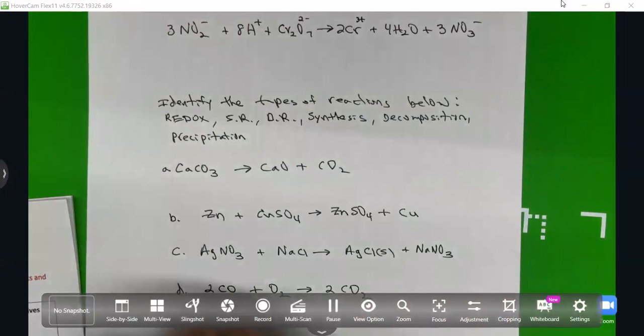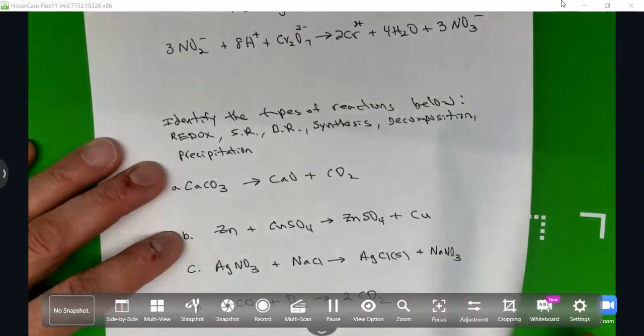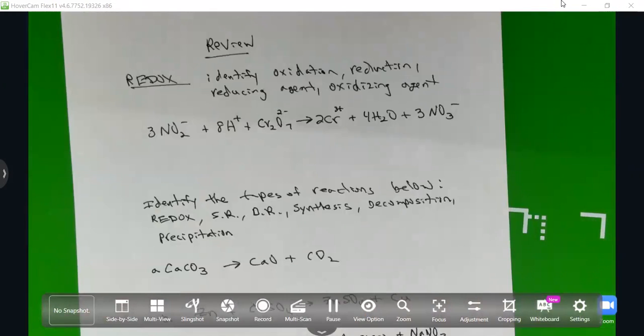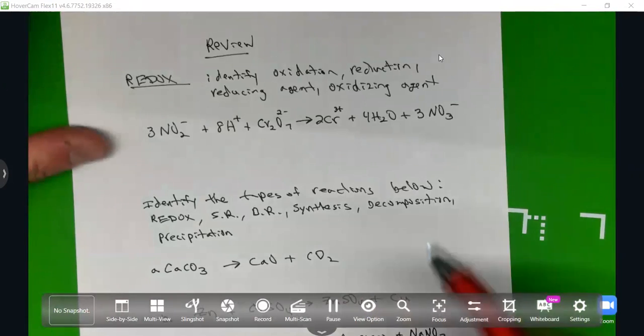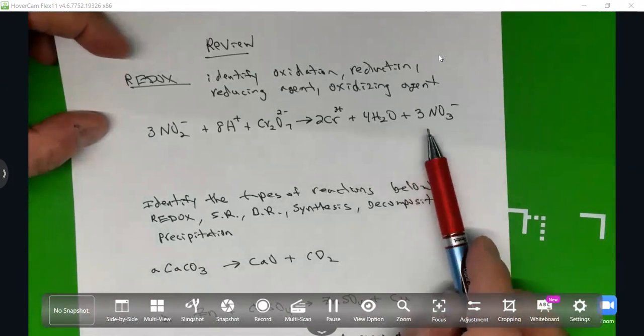What do we got here? So if we review oxidation reduction, which is what we kind of left off with. So let's see what we've got here. It's not obvious that we have oxidation reduction.